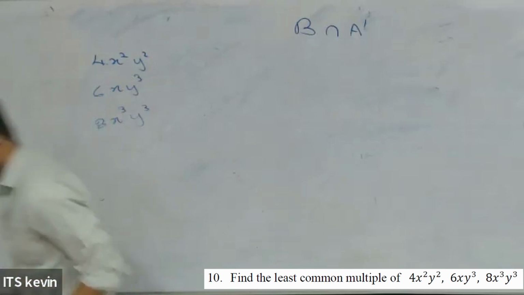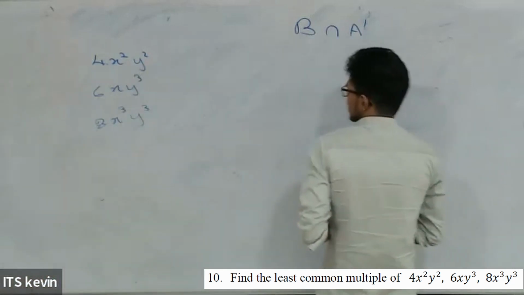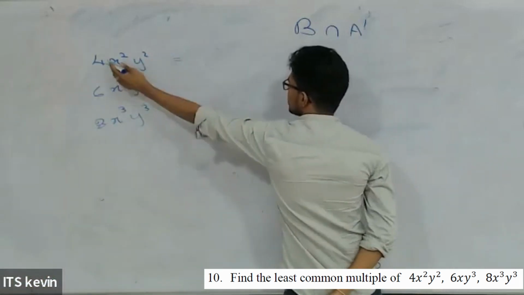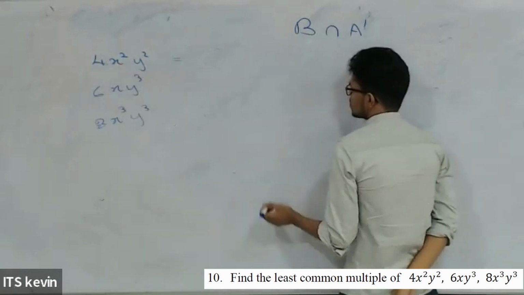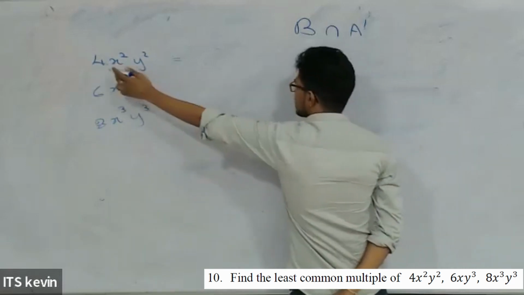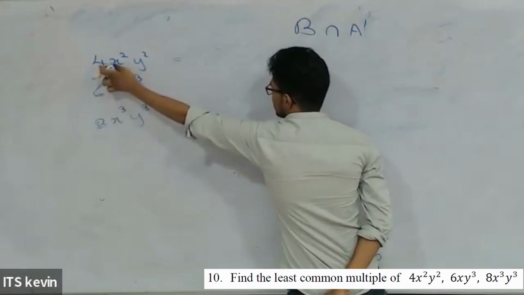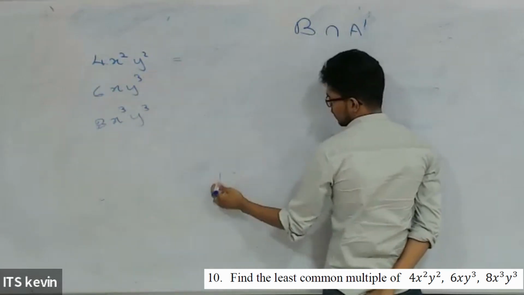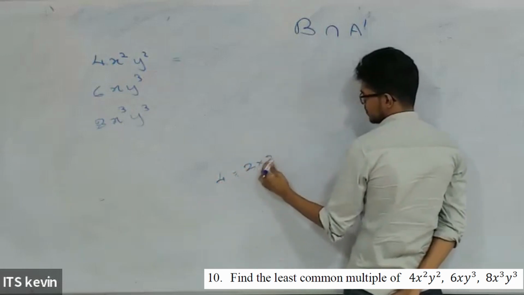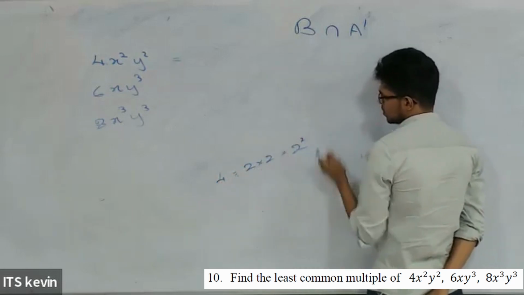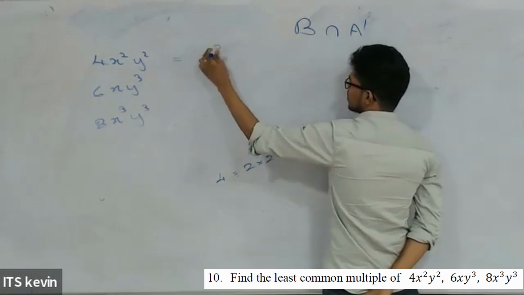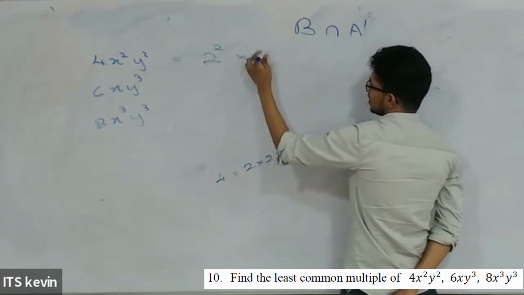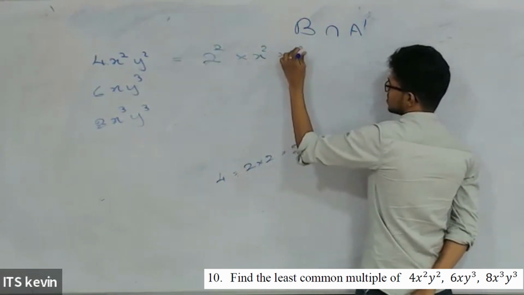Okay, so for this one, what you need to do is, first of all, break these into prime factors. You have to write all the numbers in prime factors. So 4 is 2 times 2, that means 2 to the power 2. So you write 2 to the power 2 into x squared into y squared.